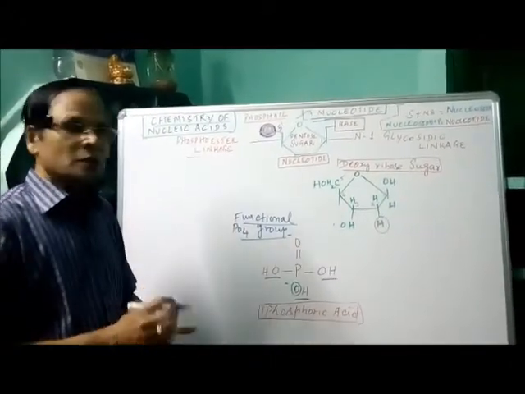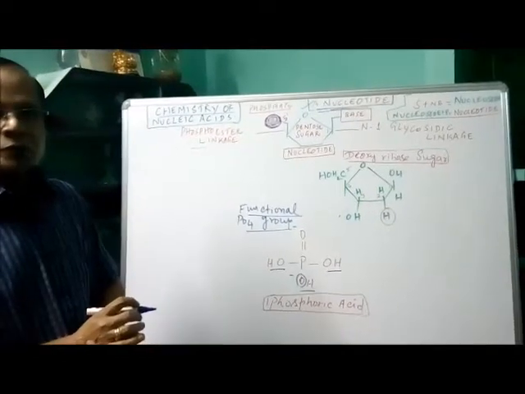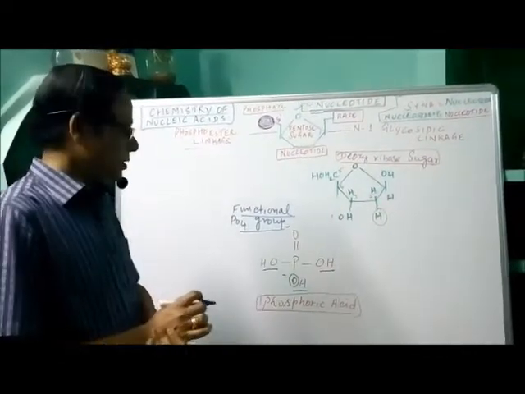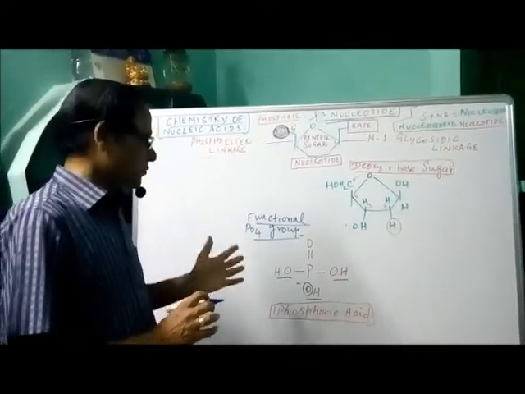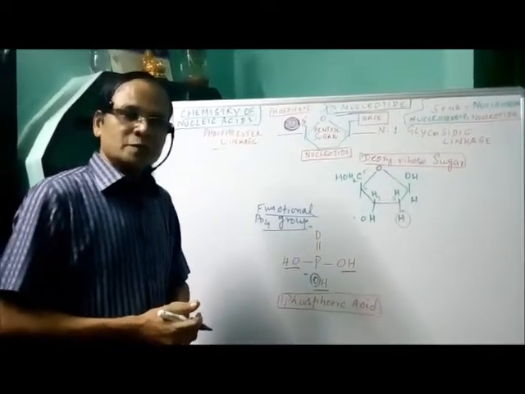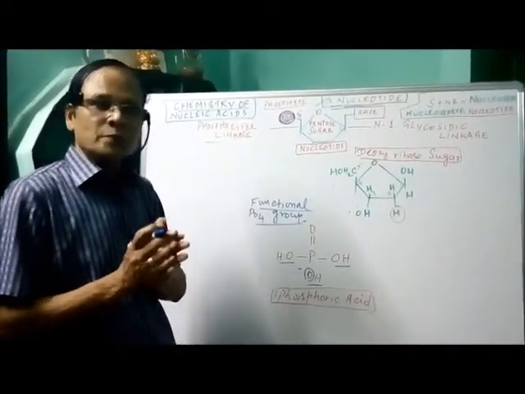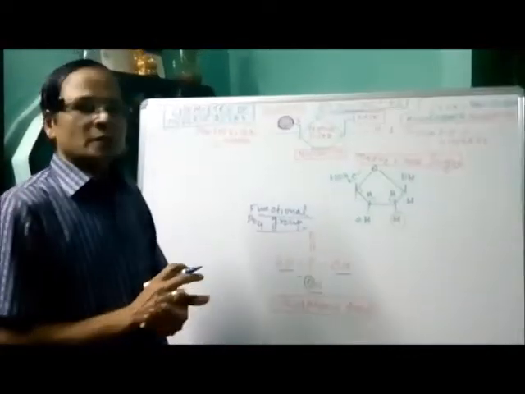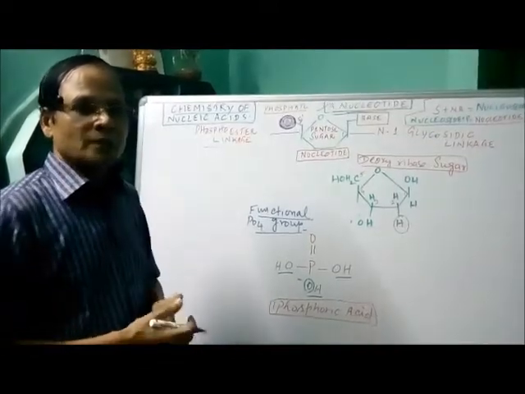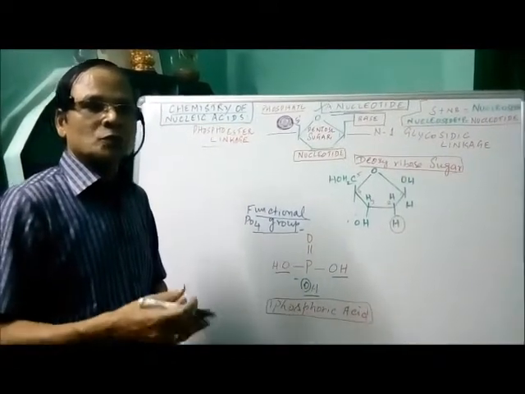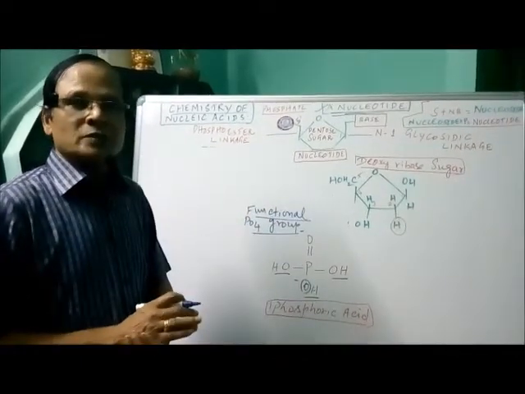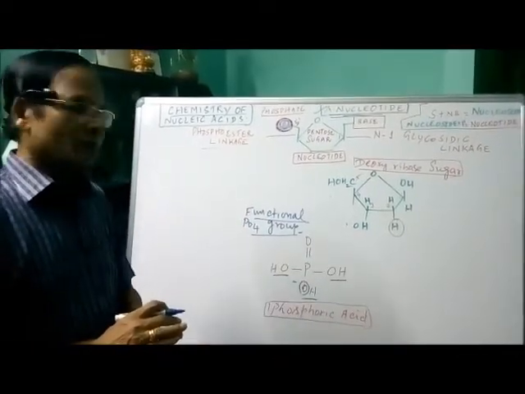Out of these 3 hydroxyl groups, 2 take part in the formation of nucleic acid. One is left. Because of the presence of phosphoric acid, the nucleic acid also has the property of an acid. An acid is one which releases hydrogen ions or protons to the medium. So the acidic nature of the nucleic acid is because of this phosphoric acid molecule.